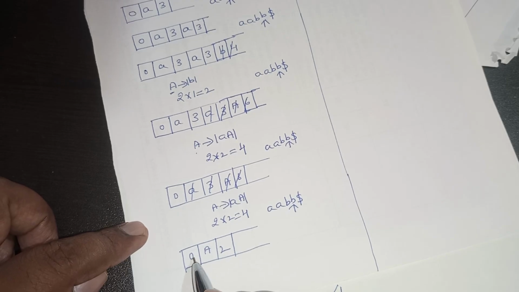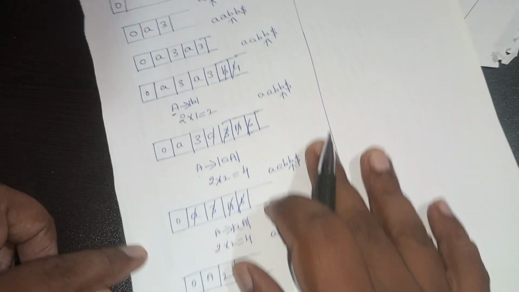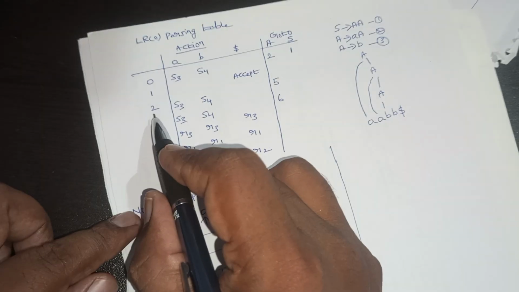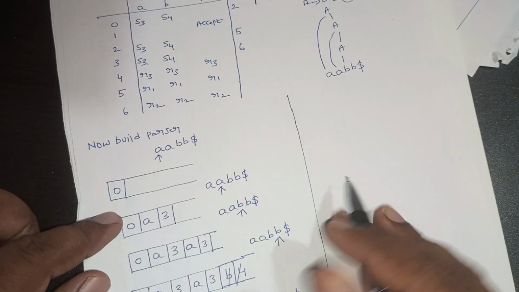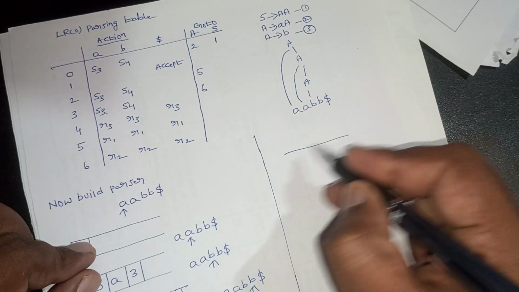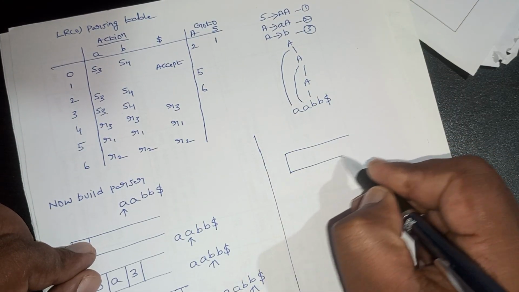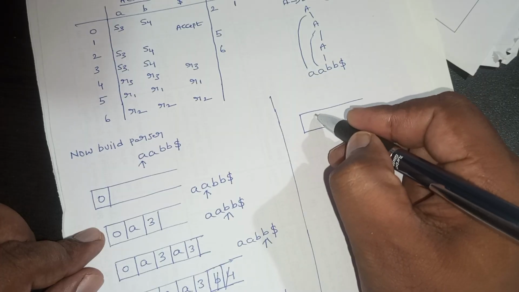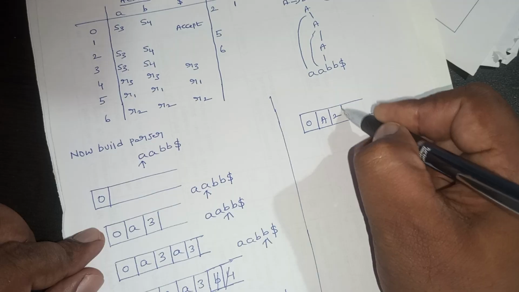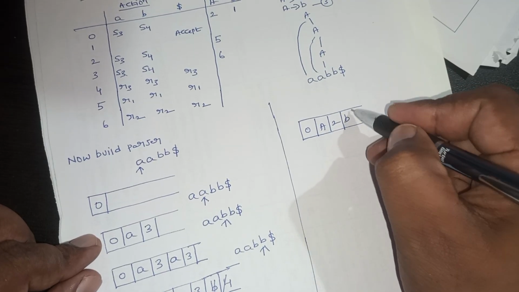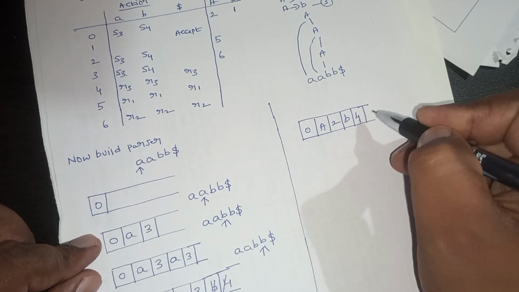Okay, so 0 on A, I have seen 2. Now 2 on B. What is 2 on B? It is S4. S4 means B4. Shift you have to perform. 0 A 2 B4 you have to push into the stack.